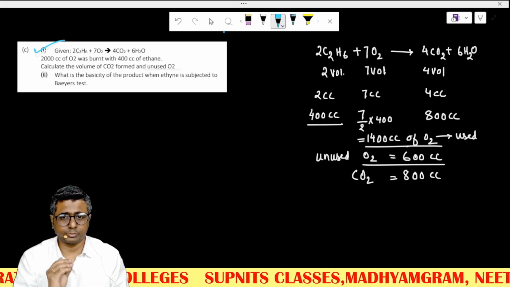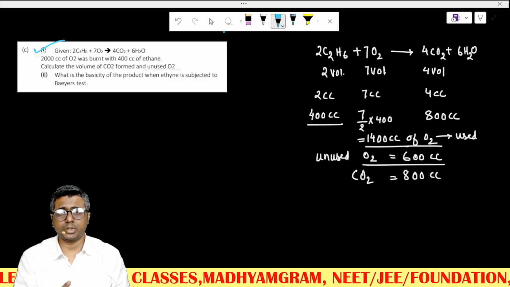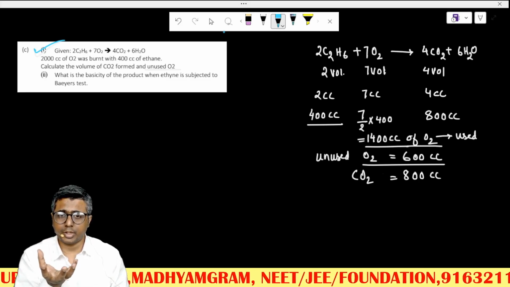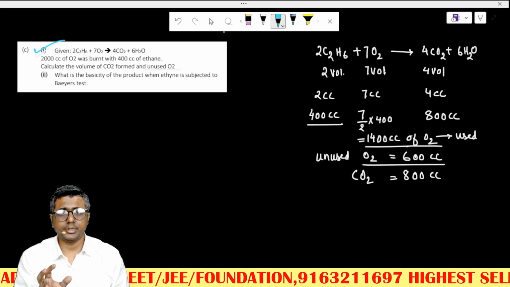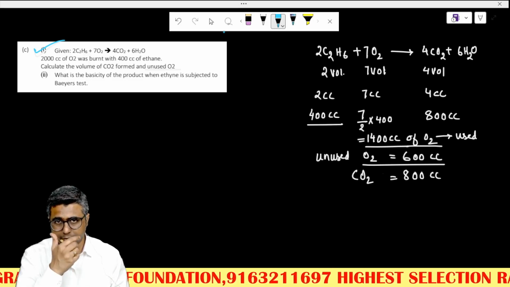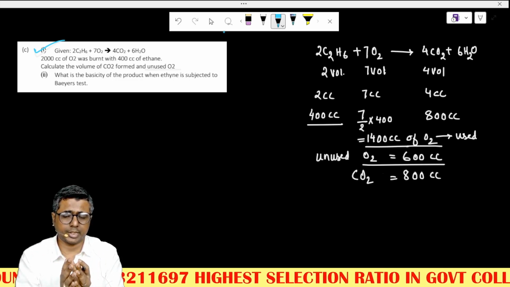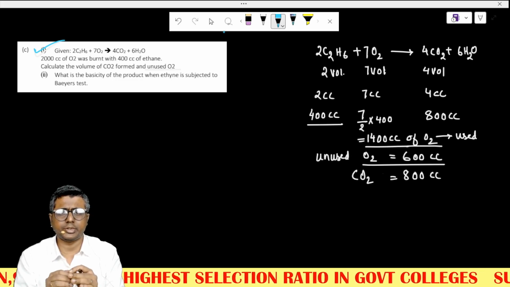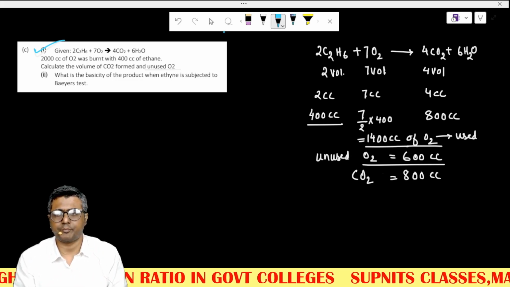You have to see which is given in excess and which is not. Do all the calculations with the limiting reagent, the one present in lesser quantity. Don't do the calculations with the substance given in excess, because that is not going to react fully, so you cannot use it in the equations.